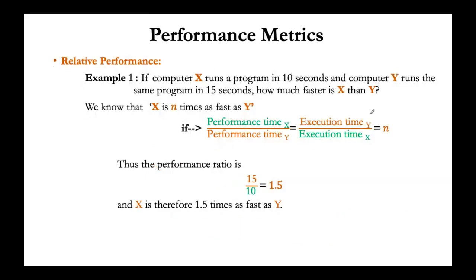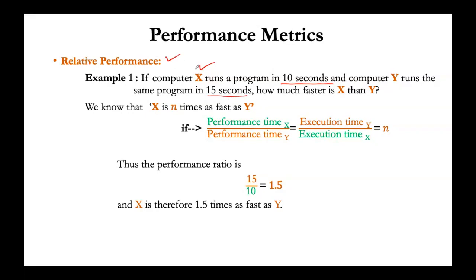So then let us take this relative performance example here. For example, if computer X runs a program in 10 seconds and computer Y runs the same program in 15 seconds, how much faster is X than Y?